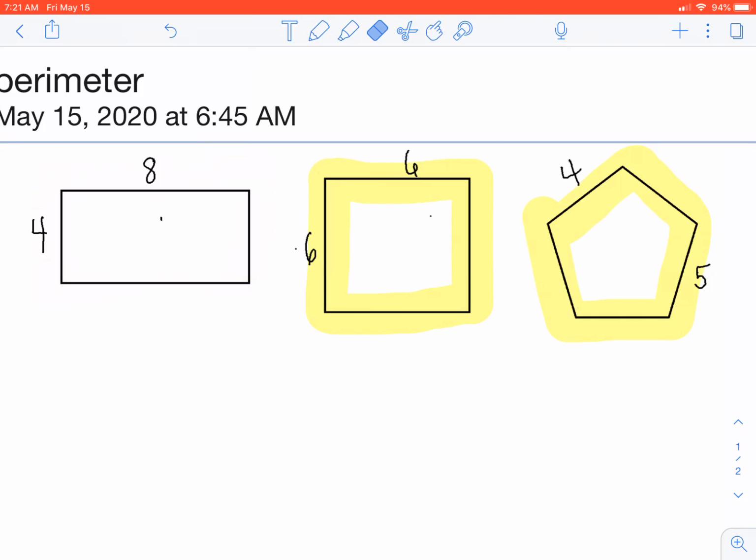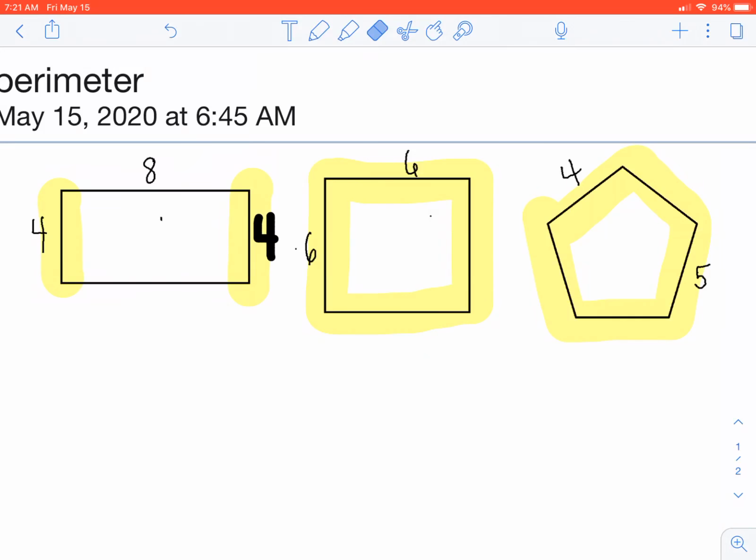Okay, so in the rectangle, you can tell that this side and the opposite side are the same length. So we know if the first side is 4 feet or 4 inches, we know the other side is 4 feet or 4 inches.